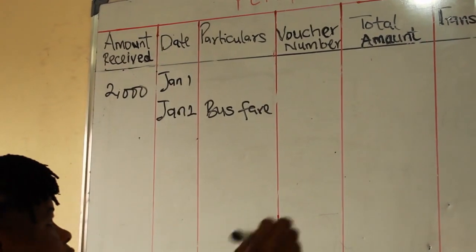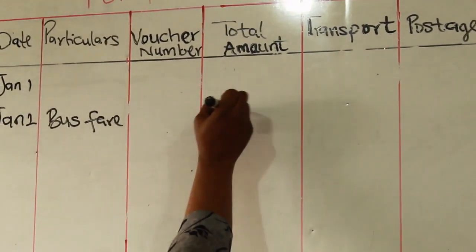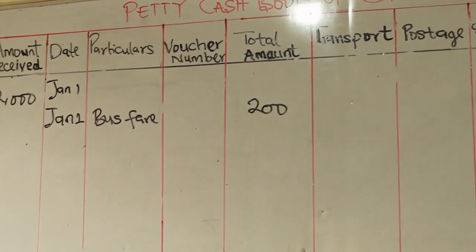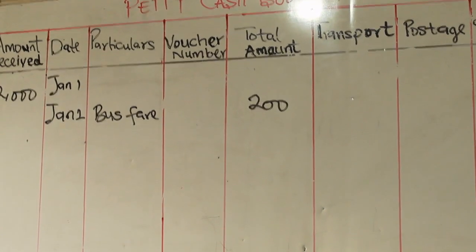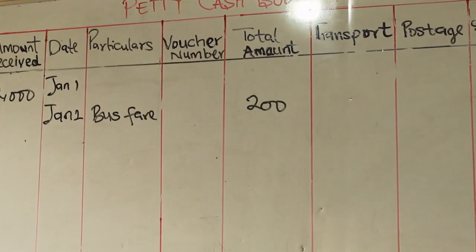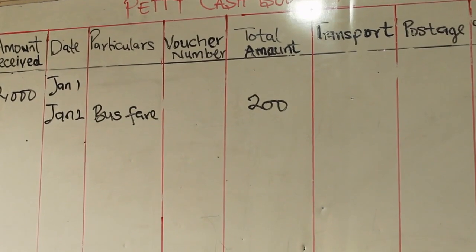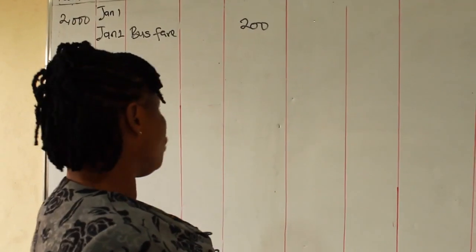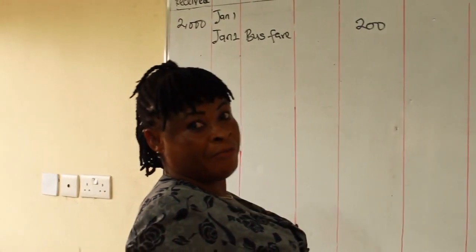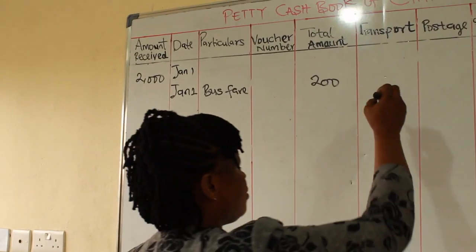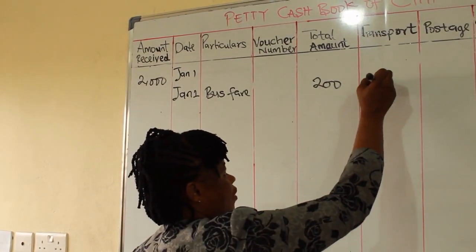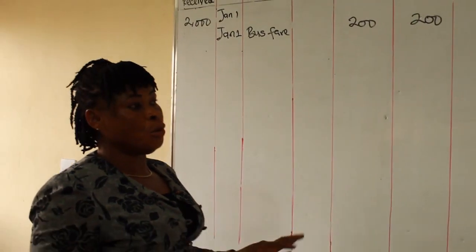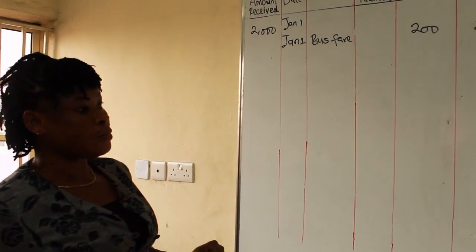And the amount will first be written here before it will then be posted to the particular column, which is transport, because the money was used for transport fare. And we have here transport. Therefore, we write 200. We are done with the postage.